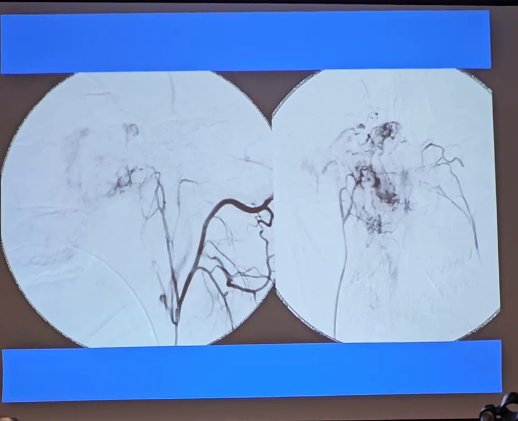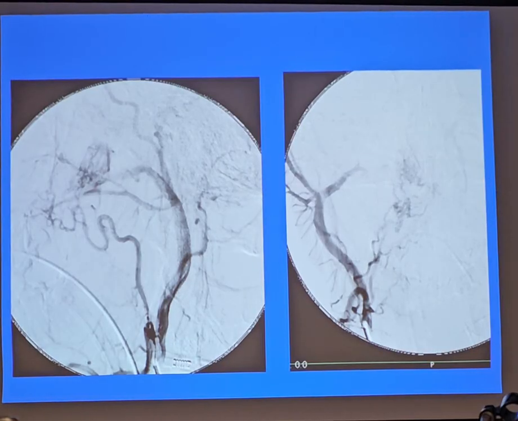Yes. So we've got connection with the internal carotid in the foramen lacerum. So if we embolize this with particles, we're left with this supply. What's this?